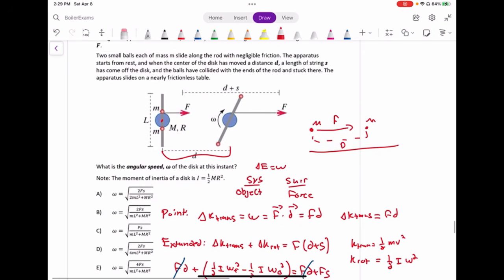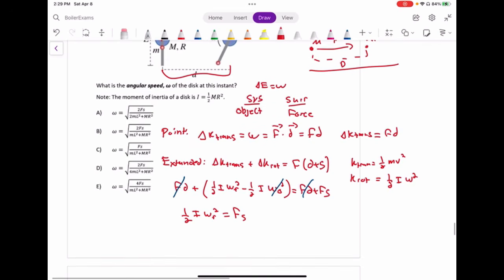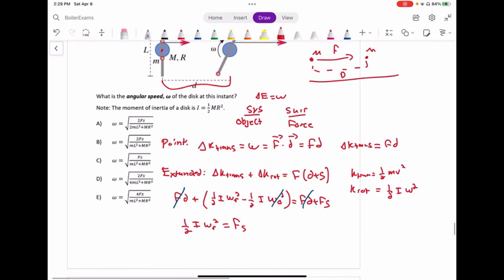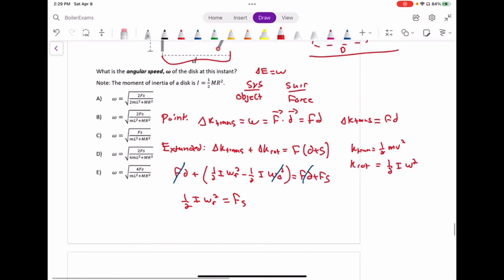And we have no initial angular velocity. That turns 0. So half I omega F squared equals Fs. And they want omega F, basically.